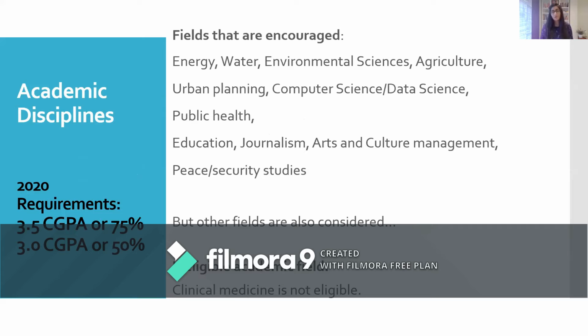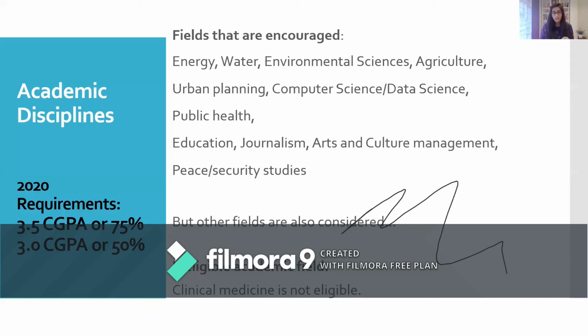That's why they're encouraged, but there are people applying to any sort of field that they want to work in, except clinical medicine. What clinical medicine means is that you cannot practice medicine in the US. So this is where you cannot apply, but any other field is encouraged.